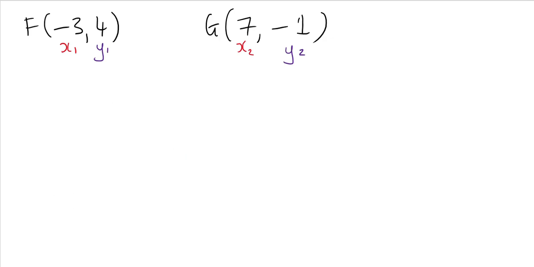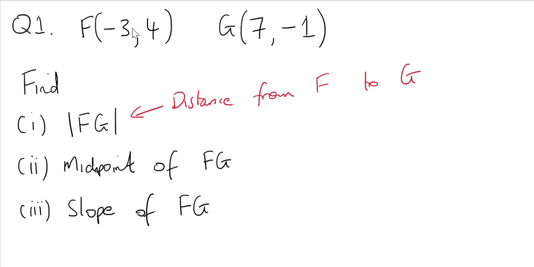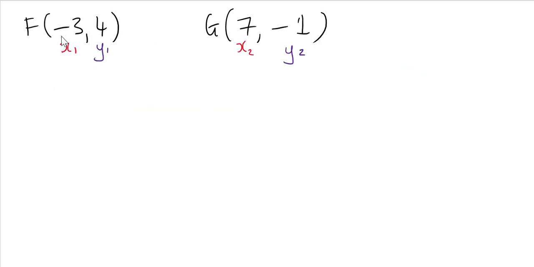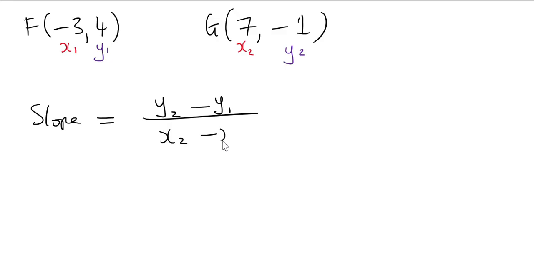And the last one there is going to be the slope of FG, and we've got our points down, label. Our formula for the slope is the difference of the y's over the difference of the x's: y2 minus y1 over x2 minus x1. Same protocol as always. Set it up. Go to fill in. We've got our y2 first of all here, which is minus 1 in brackets, and our y1 is 4.